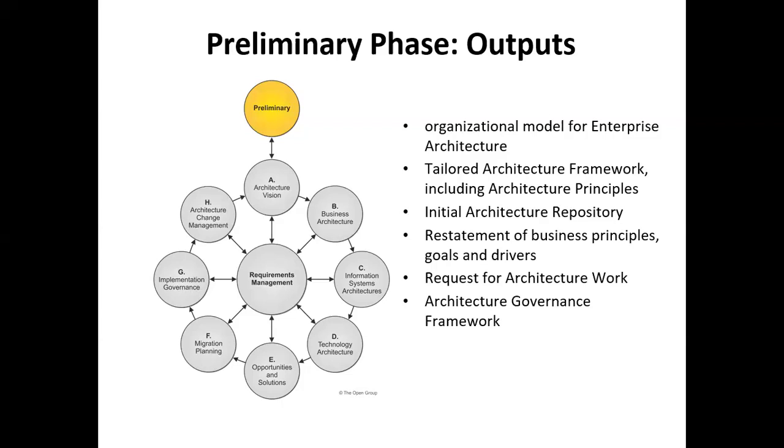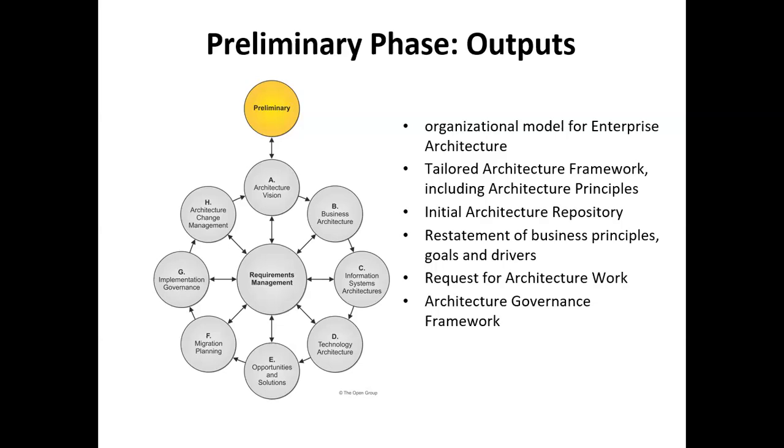What I meant is, like the organization model for enterprise architecture and initial architecture repository, can a couple of them be bundled, or are they expected to be separate documents, under the name of any specific document which we combine? How does it work actually?